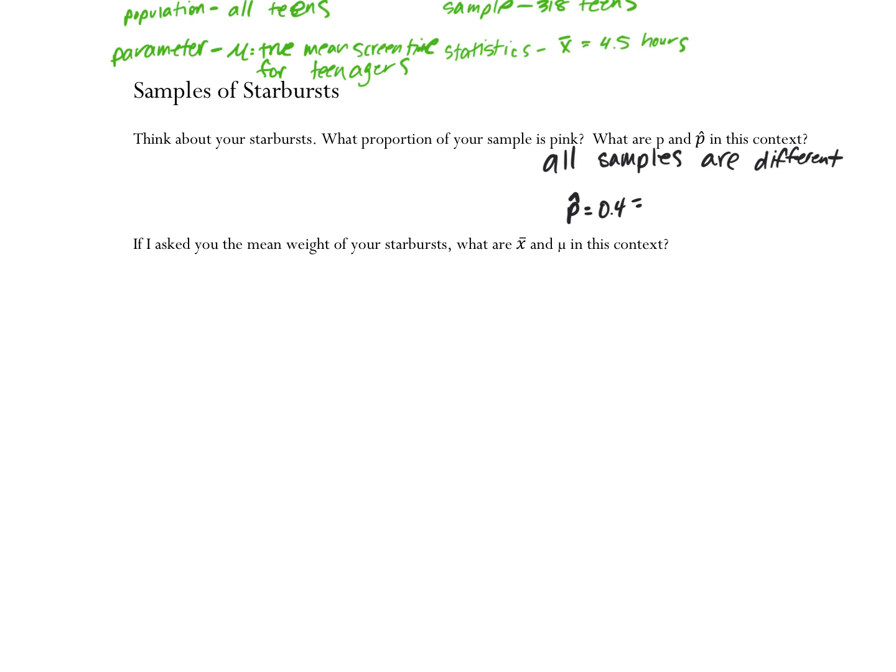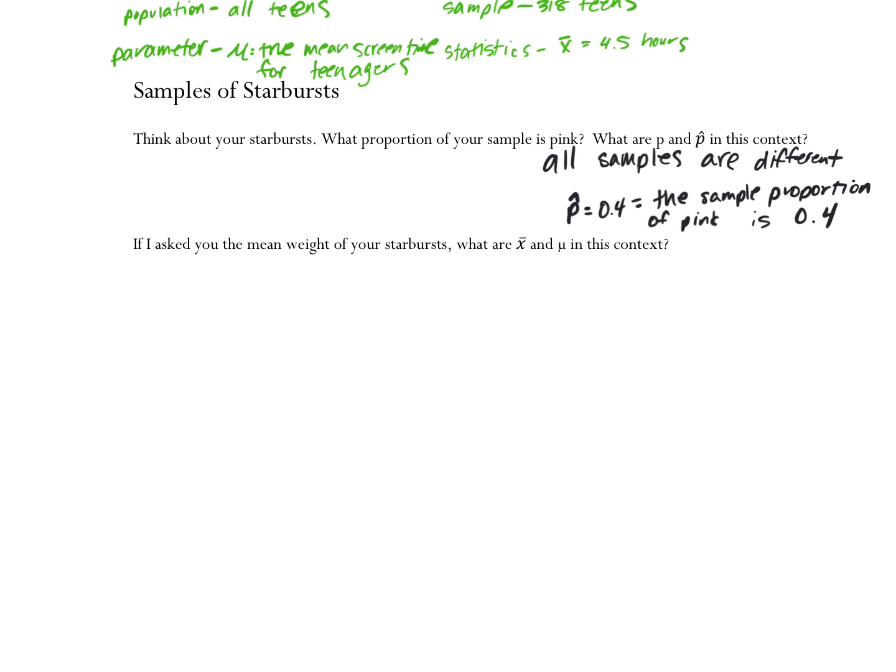And instead of 40%, the sample proportion of pink is 0.4. That's what p hat equaling 0.4 would mean.